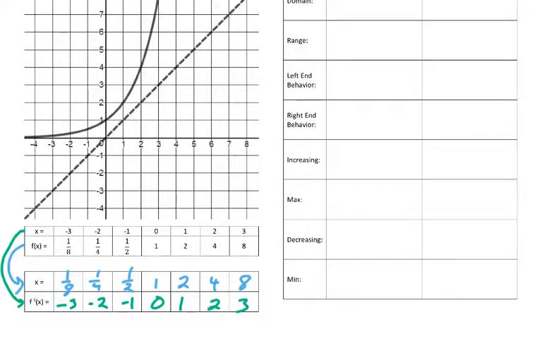This is going to be a little harder to draw, but that's okay. So graphing this, starting with this first point, that's going to be when the x value is 1/8, and it's going to be down here at negative 3. It's going to be something like about there. When I've got an x value of 1/4, it's going to be just a little bit more to the right, and my output is going to be negative 2.